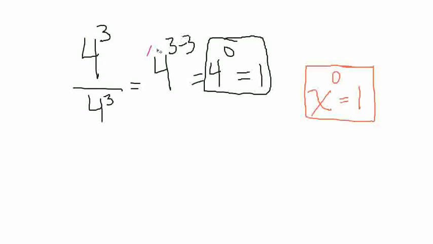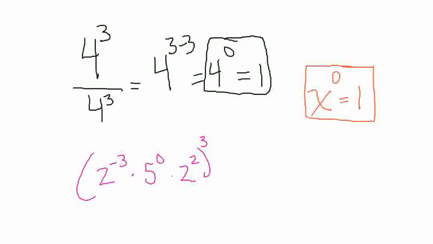So if we had a situation like, if we had 2 to the minus 3 multiplied by 5 to the 0 multiplied by 2 to the 2, all raised to the third power.